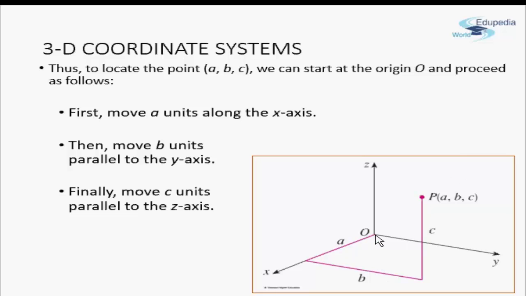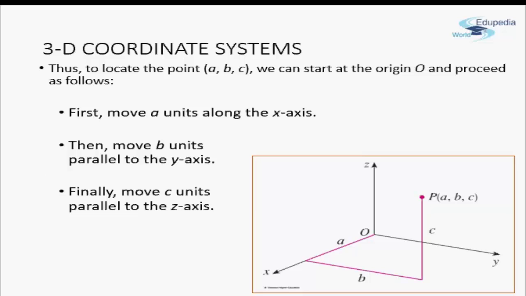A will be the distance from the origin in the direction of x. B will be the distance from the origin in the direction of y. Of course, we've shown it over here to make it easier for you to understand. And of course, C will be the distance from the origin in the direction of the z axis.